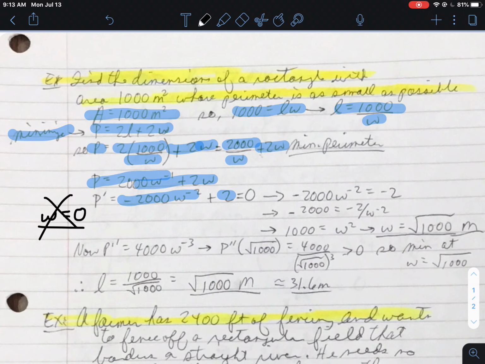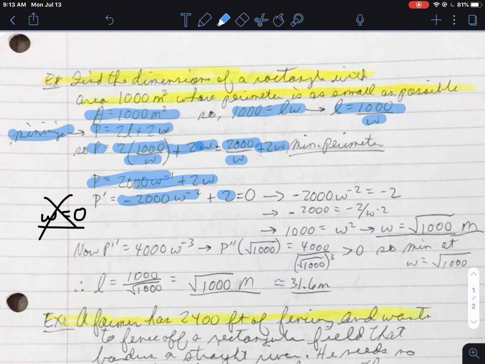So I went ahead and set this function equal to 0. I've got negative 2,000 W to the negative 2 plus 2 equals 0. Then I solved that for W. The first thing I did was subtract 2. I went this route; it's all about solving the equation however is necessary.